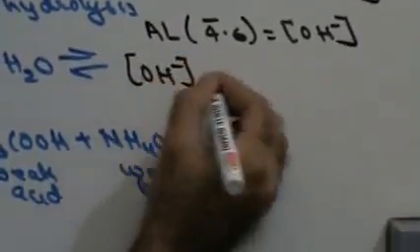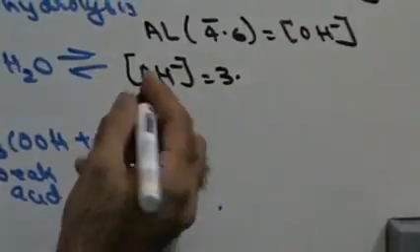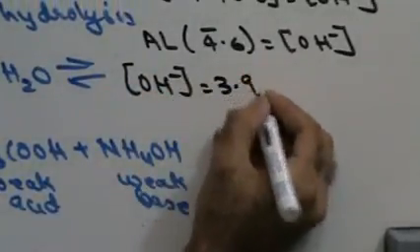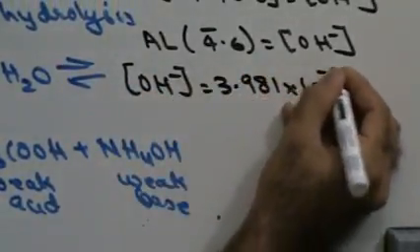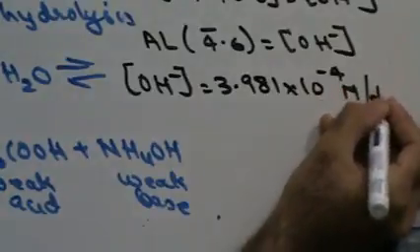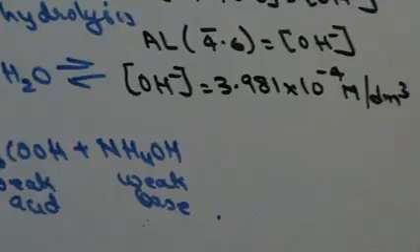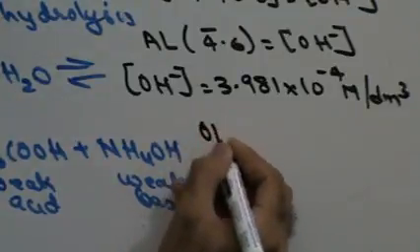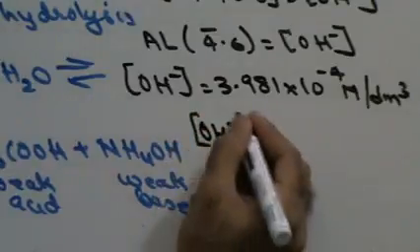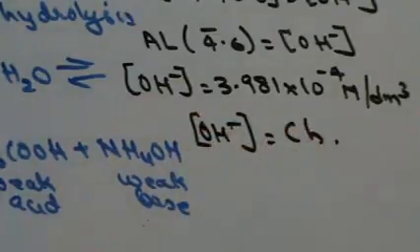OH negative ions is 3.981 into 10 raised to minus 4 moles per decimeter cube. Right? Now, once I have the value of OH ions, I can say that OH ions is nothing but C into h.